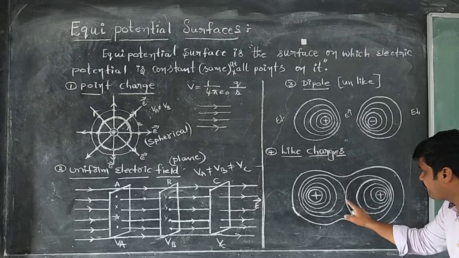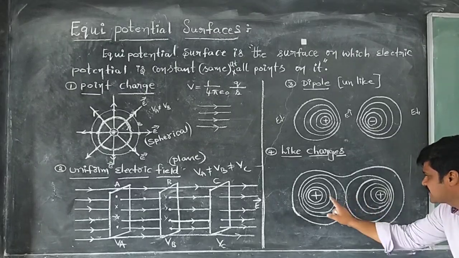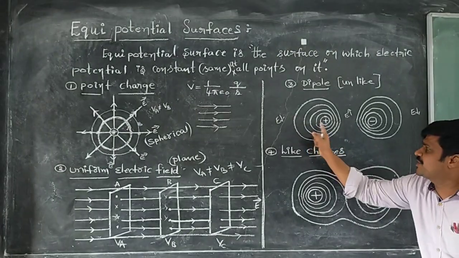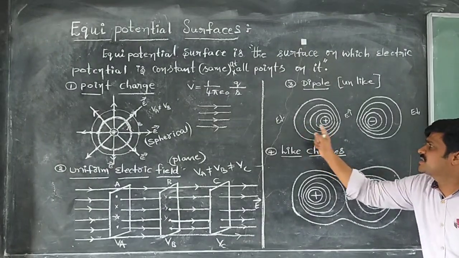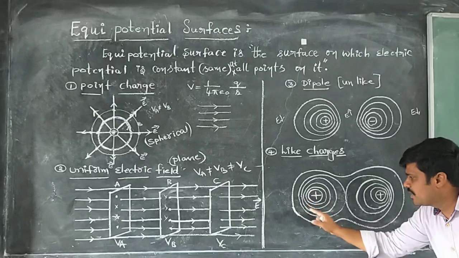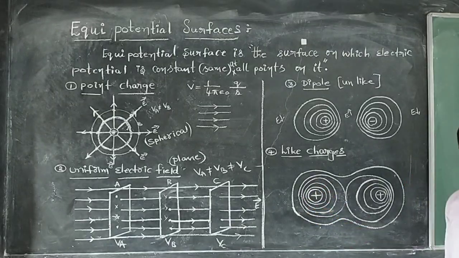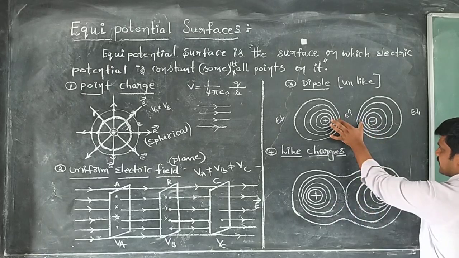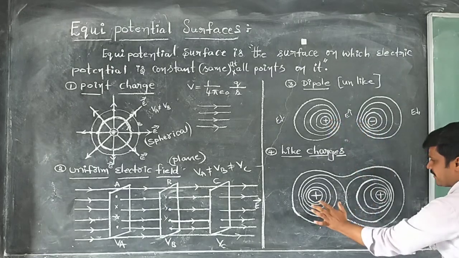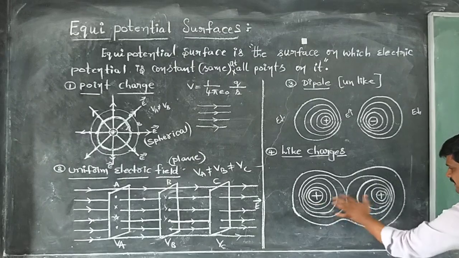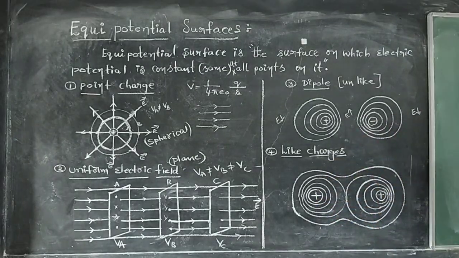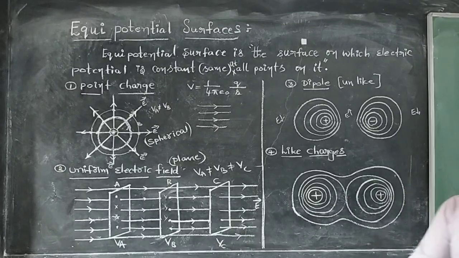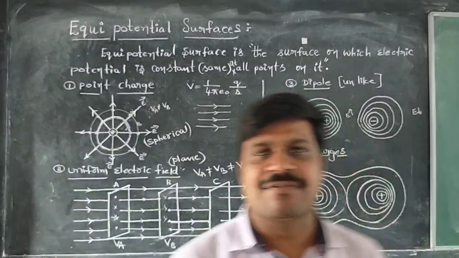But in case of like charges, lines are not crowded, they are spaced out. Here surfaces are drawn spaced, but there surfaces are drawn crowded. In between like charges, the lines are widened. Spatially, they are arranged like this. Now, this is nothing but equipotential surfaces.